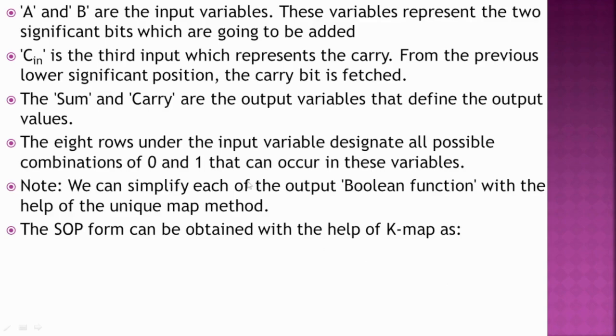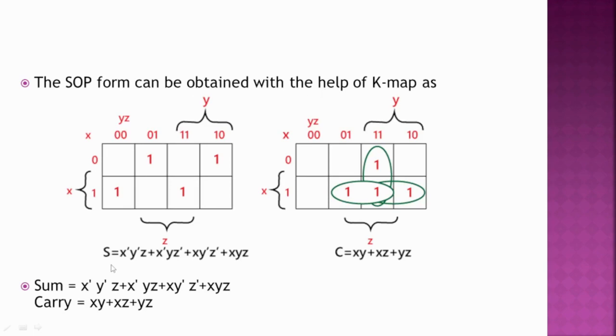This is the K-map of full adder. This K-map is mentioned with x, y, z. If you have three variables, you need to draw the K-map for 8 values, 2 to the power of 3, and write the equation in the sum of product form for full adder.